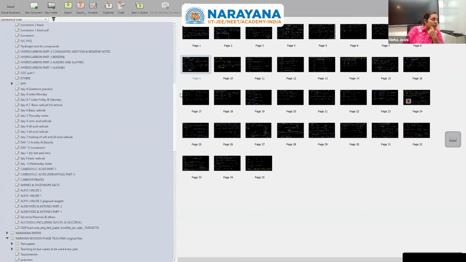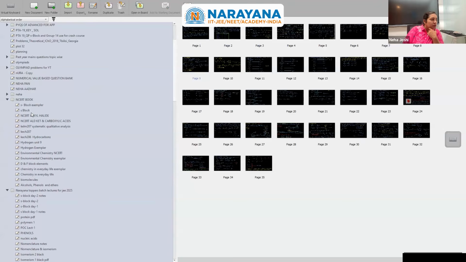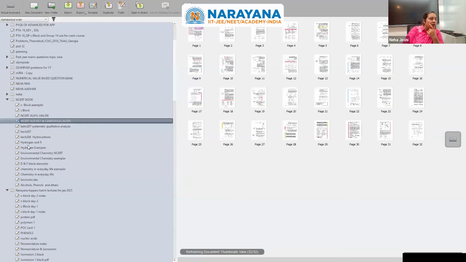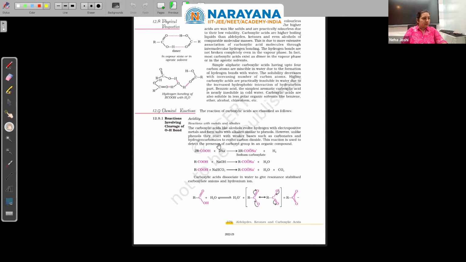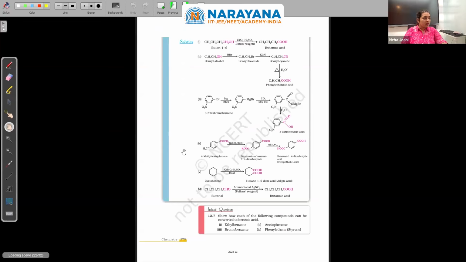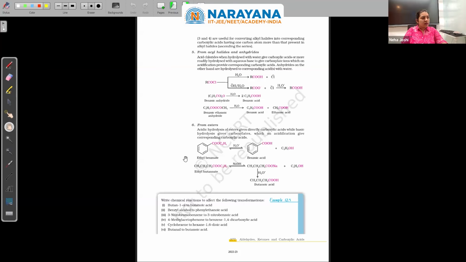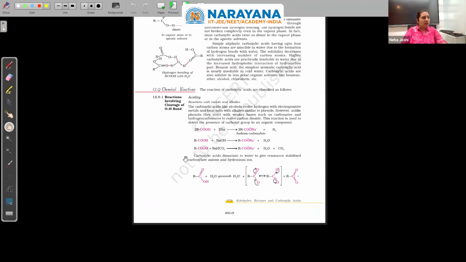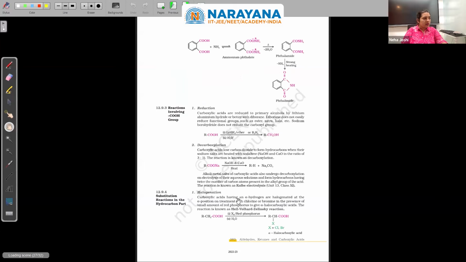I want you to see how it is given in the NCERT book, and that is what we'll follow. Give me 1 second. In the carboxylic acid chapter, it was there. Aldehyde, ketone and carboxylic acid. See, this is the physical property. This is preparation. No, I want chemical reactions. Reduction part of alcohol.